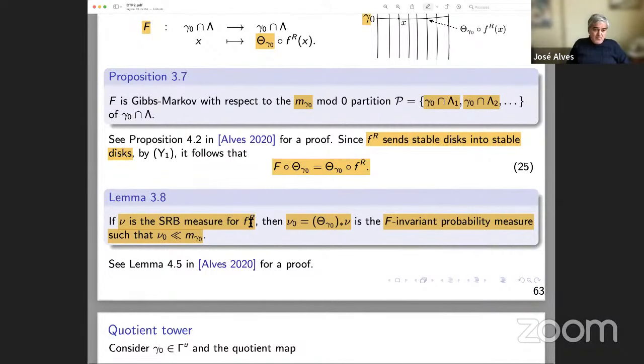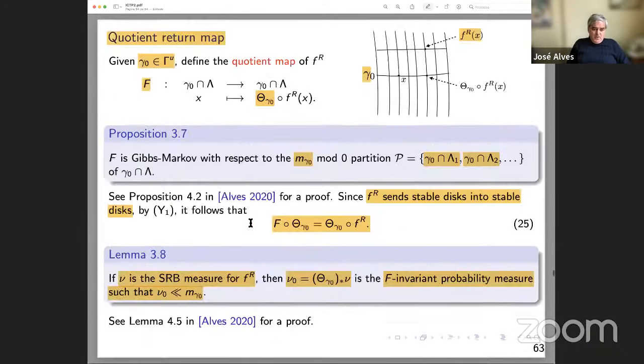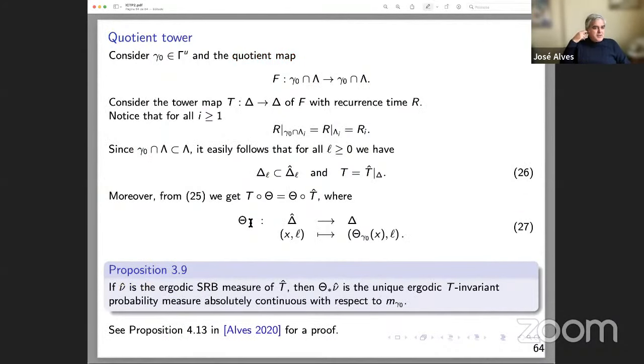Okay, so we have this Gibbs Markov map. We can associate to it a tower, as the one constructed in the second lecture. So consider the quotient map and consider the tower map with the recurrence times associated to the return map.